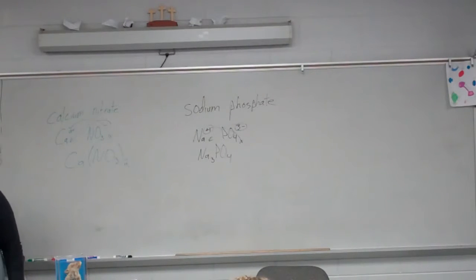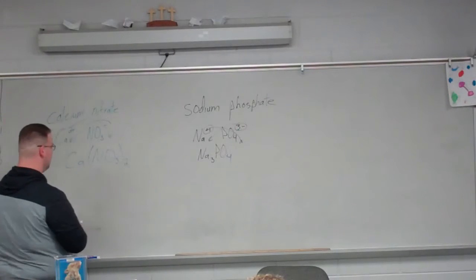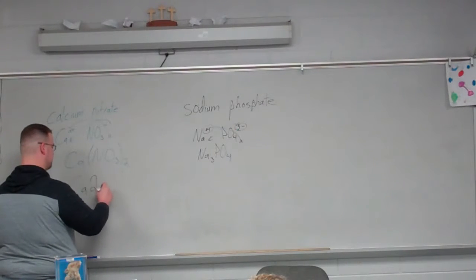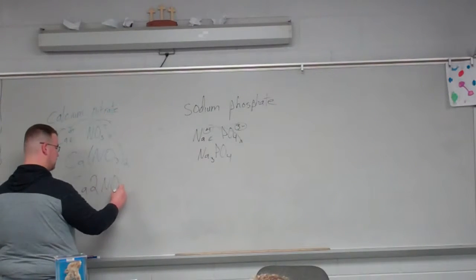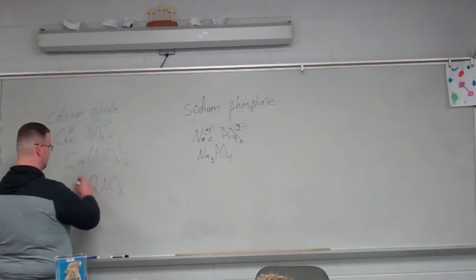We will get to that as the next thing. So if you wrote Ca, oh snap, I need 2 nitrates, and wrote it without parentheses, that is wrong all day.